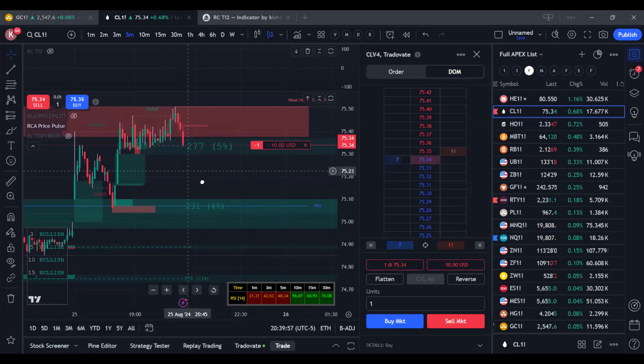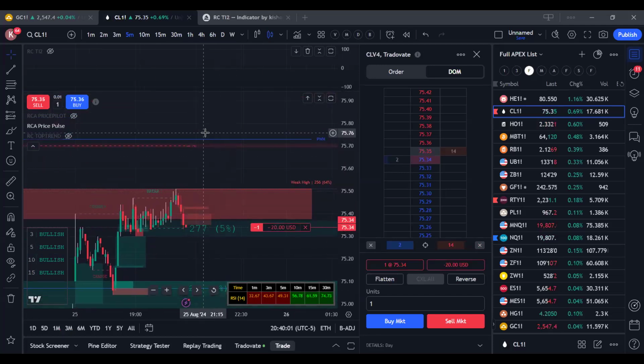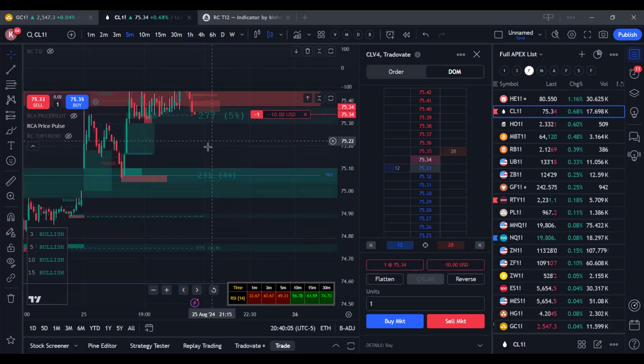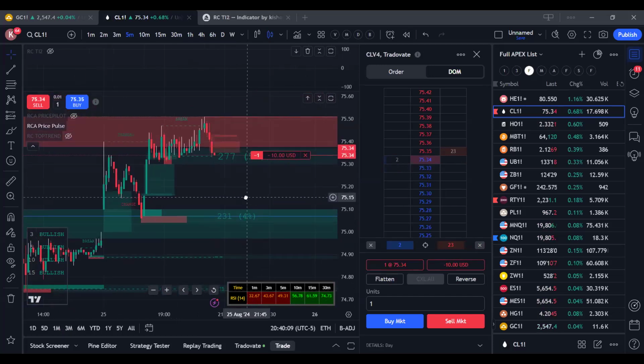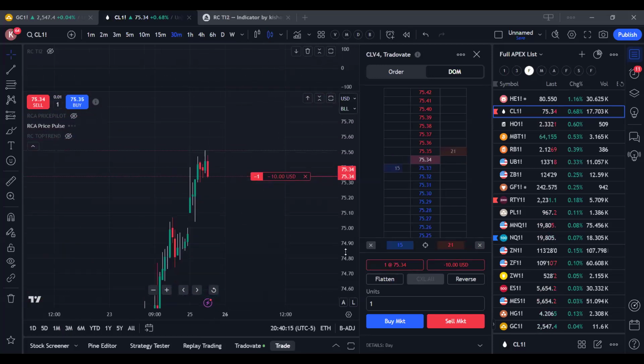And if you have personal accounts, you can put stop loss somewhere around 75.8, and then it can go all the way to 74.8, because there is a huge sell order block.